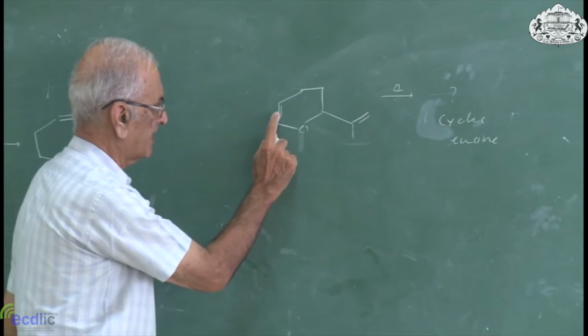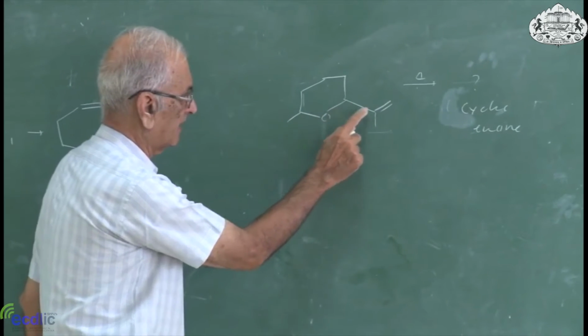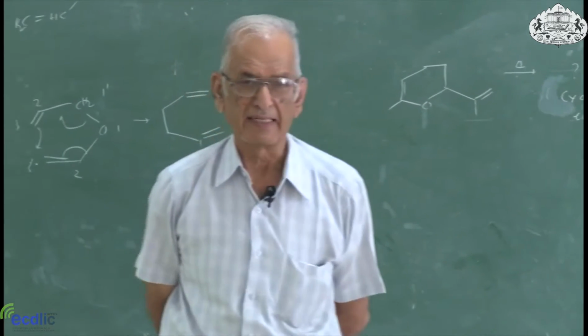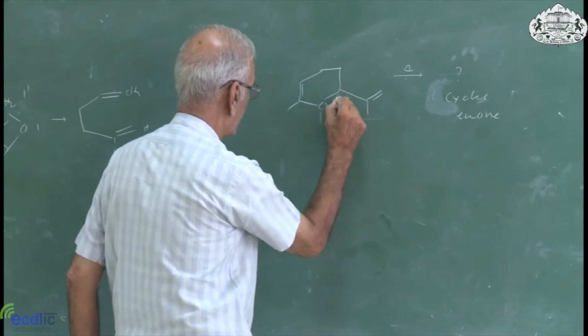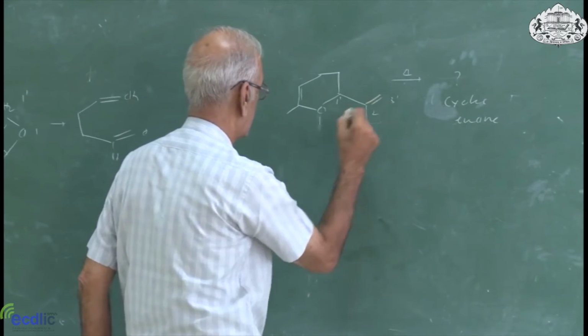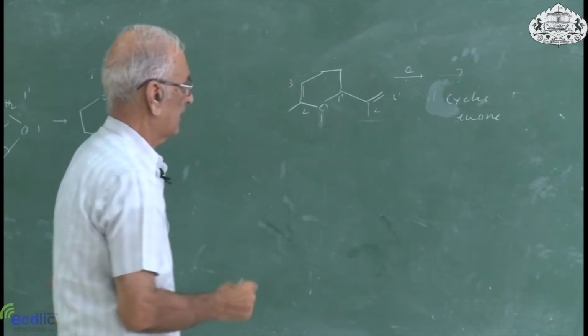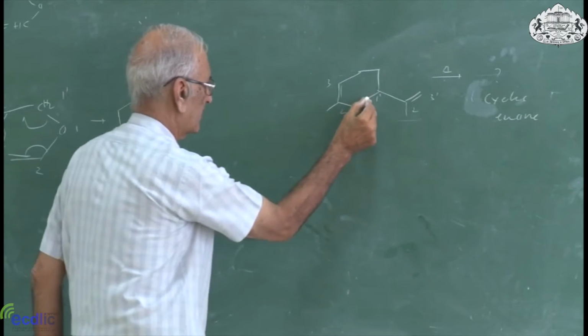I am sure everybody can see this is the vinyl ether, this is the allyl vinyl ether. We are going to break the bond between 1 and 1 dashed, make the bond between 3 and 3 dash.